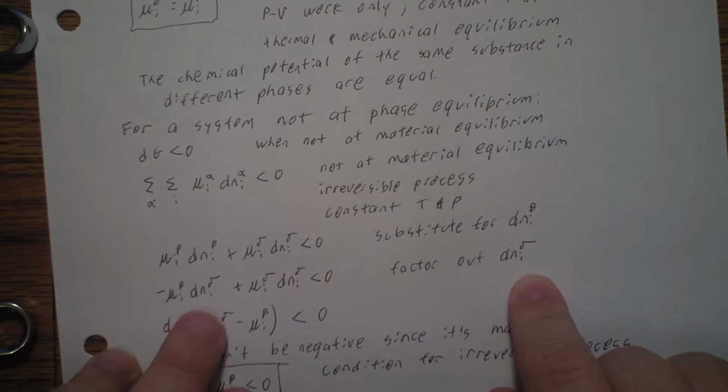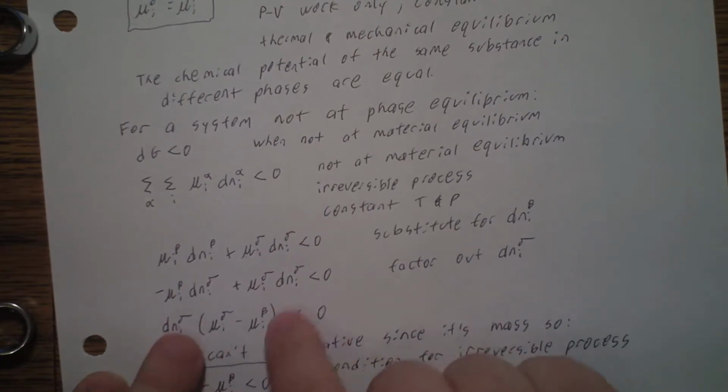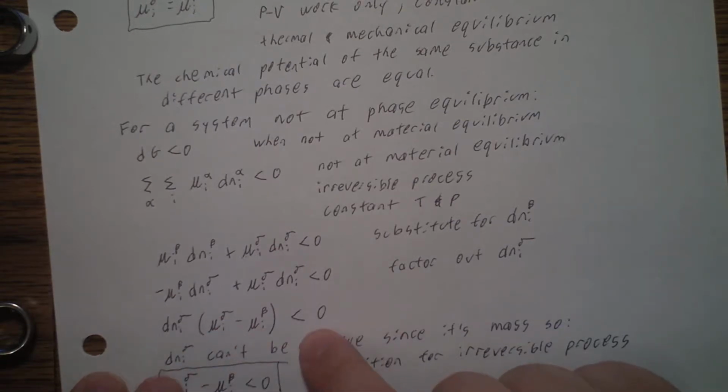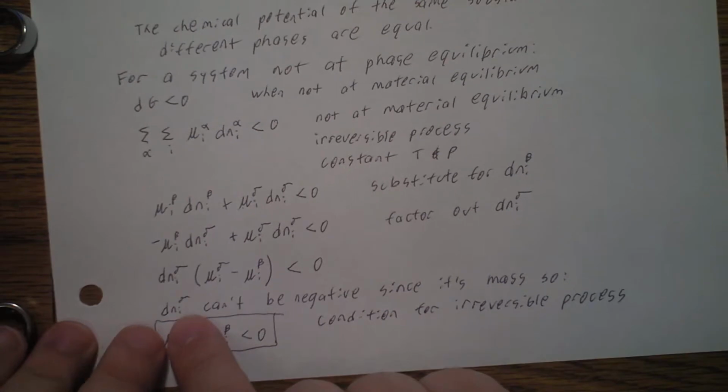So now we're going to factor out that differential. We have the differential of the number of moles of substance i in phase delta times the difference between the chemical potential of i in phase delta and the chemical potential of i in phase beta. And this is still an inequality, remember. It's less than 0 because we're not at equilibrium yet. Now, we're talking about the direction we're going, from the solid dissolving in the liquid, not the other way around.